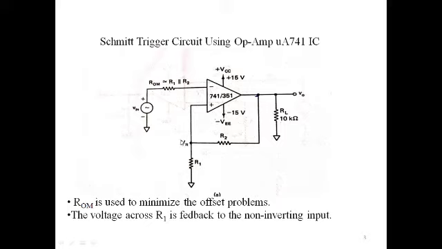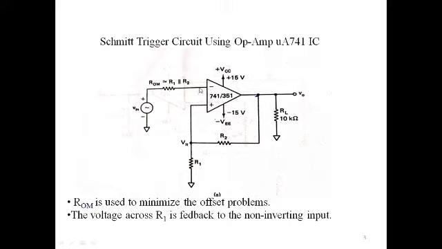At this time, Vin, our input voltage, must be slightly more negative than our lower threshold voltage in order to cause the output voltage to switch from minus V saturation to plus V saturation.